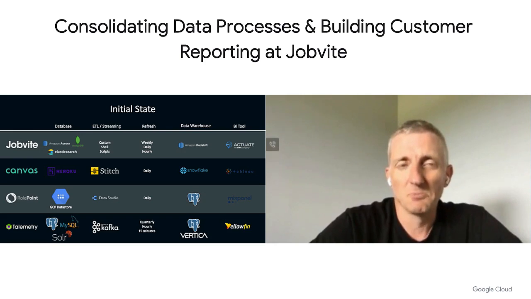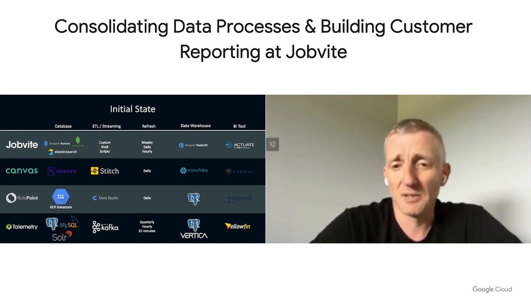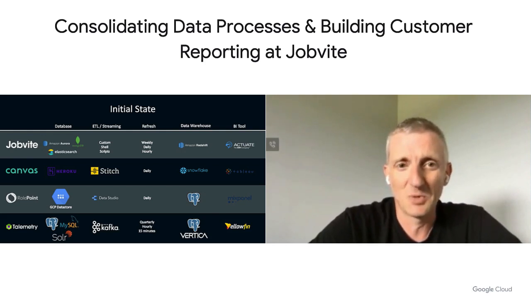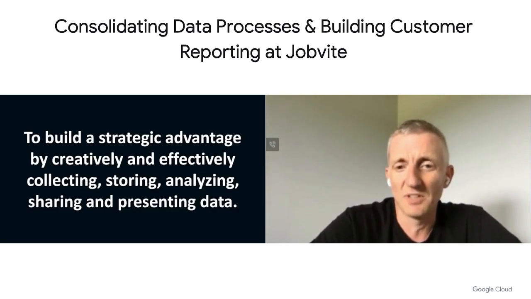How do we rip out the reporting and analytics from each of these different tools and place them in a way that's easily accessible and findable from all the users to get all that fantastic data that we didn't have before? So our strategy here was to build a strategic advantage by creatively and effectively collecting, storing, analyzing, sharing, and presenting data.